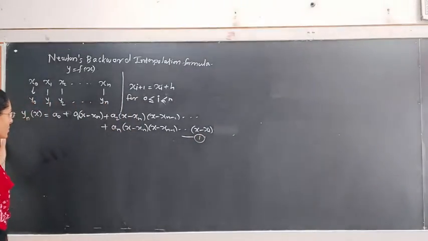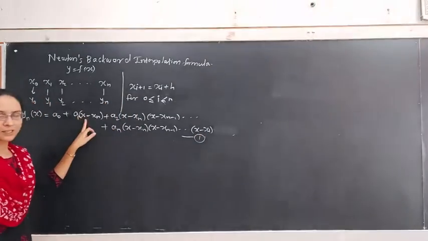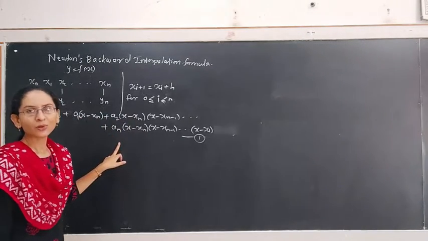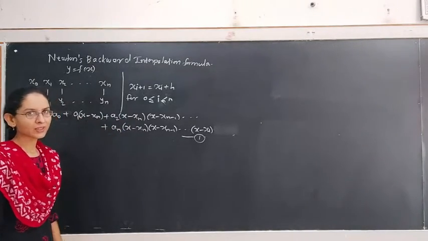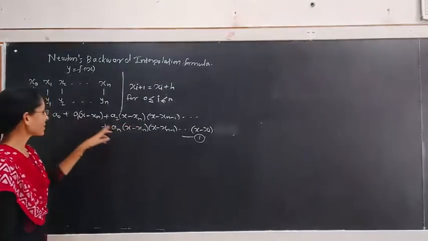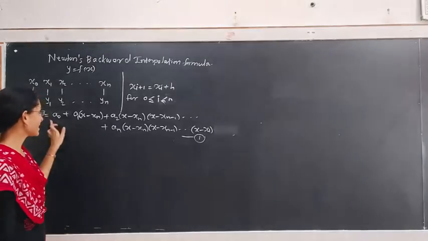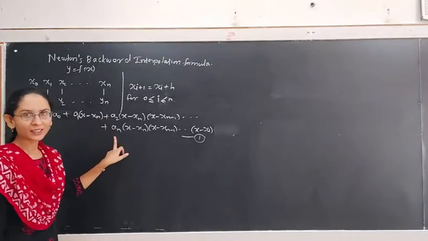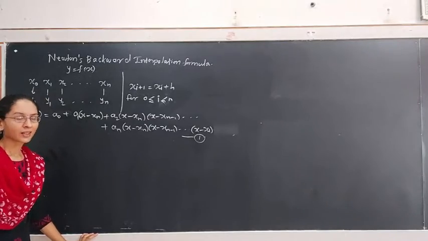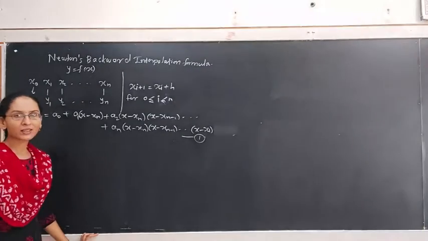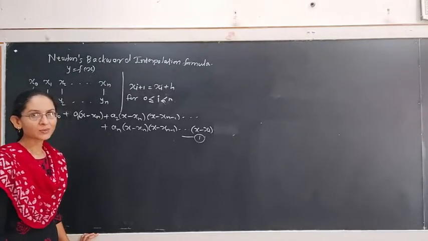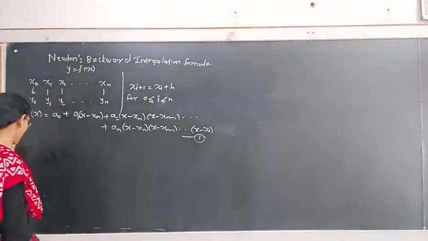Now we will put x equal to xn, xn minus 1, then xn minus 2 and so on in equation number 1, so that we can determine all the coefficients of this polynomial, which are a0, a1, a2 up to an. This polynomial is taken in such a way that the values of yn of x and y of x agree at the points of the backward difference table.